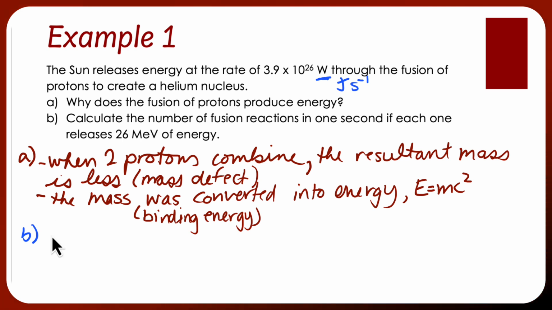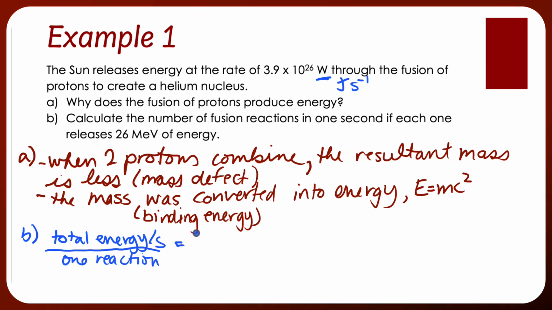So if I take the total energy per second, that's the watts, and I divide that by 1 reaction, that's going to give me 3.9 times 10 to the 26 all over 26 mega electron volts. Okay, now we got to change that because this is in joules. So mega electron volts, I'm going to have to go times 10 to the 6 to get rid of the mega. And to go from electron volts to joules, I need to multiply by 1.6 times 10 to the minus 19.